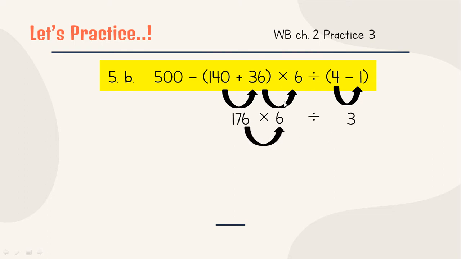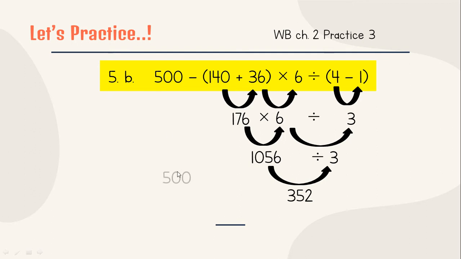After that, 176 times 6 equals 1056. After that, divided by 3 equals 352. Are we done? Nope. Just because it is the last, don't forget the first one, the beginning, 500 minus 352, 148.